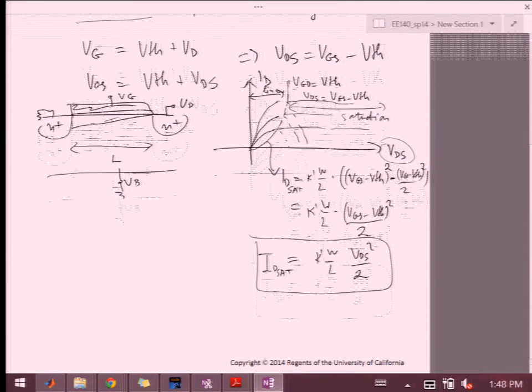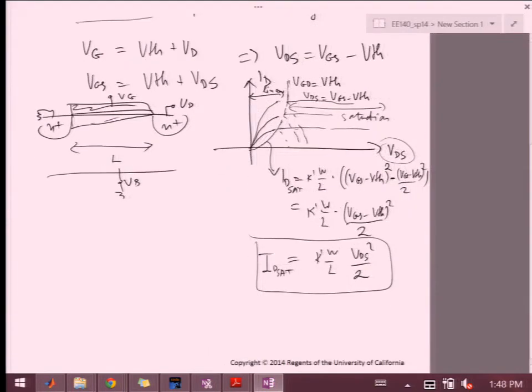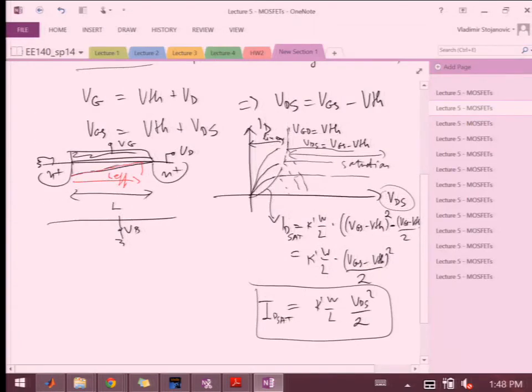Let me do a different color. You may terminate earlier. And so this length will be L effective. So the E field will then depend on that length.